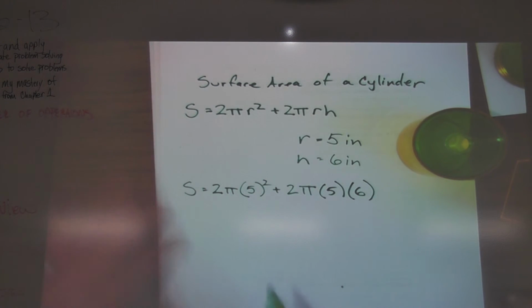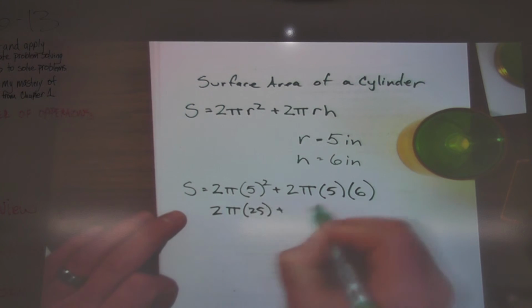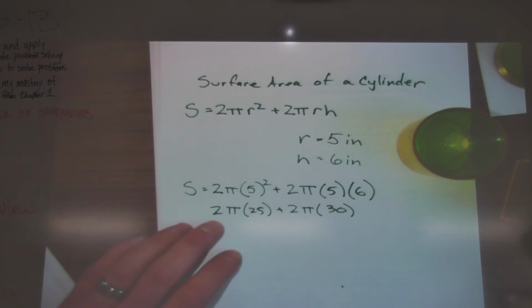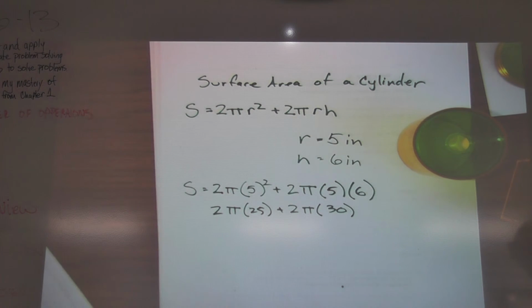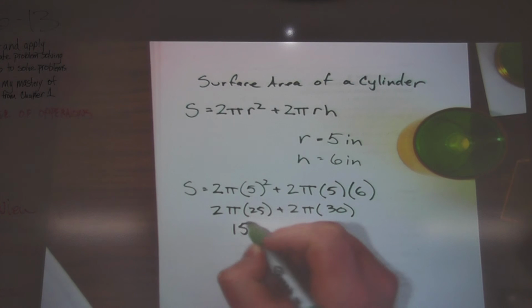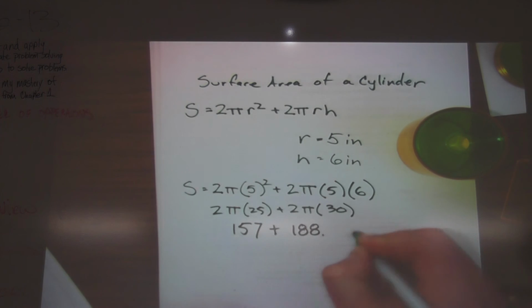Multiply that all out. 2 pi times 25 plus 2 pi times 30. This is 157 plus 188.4.